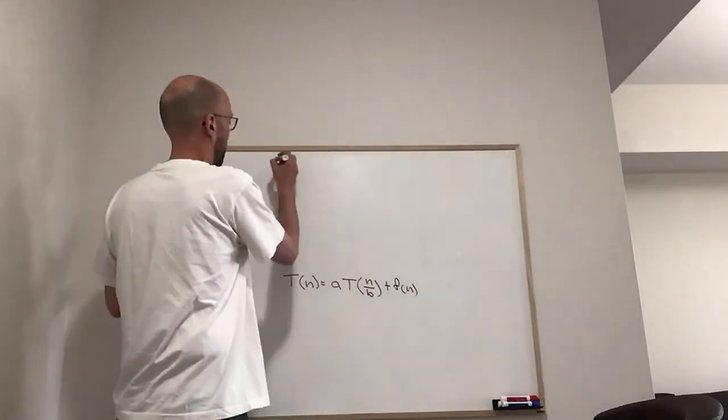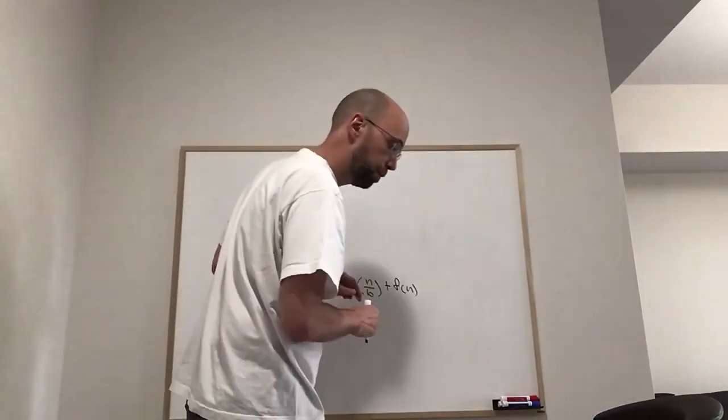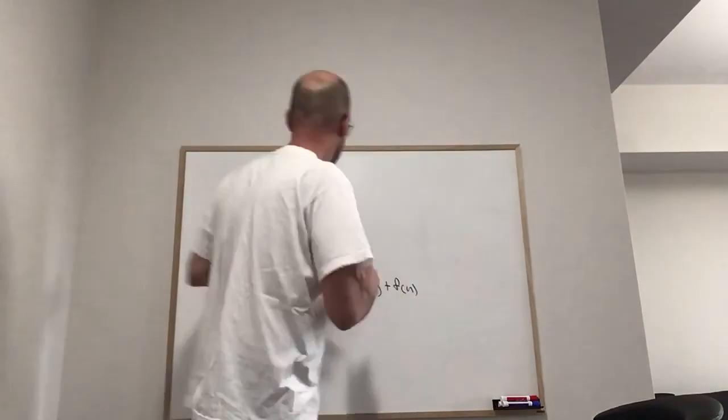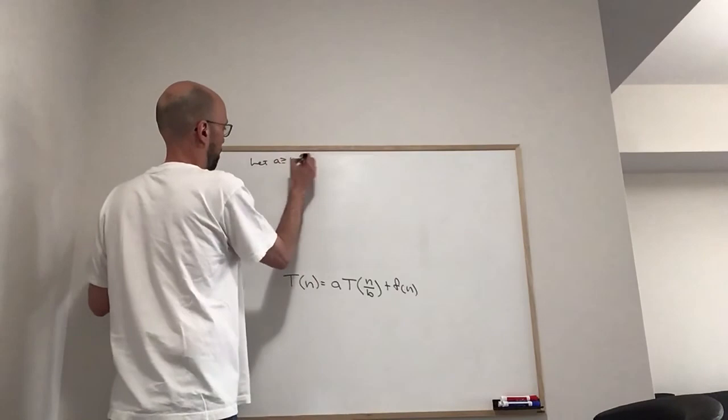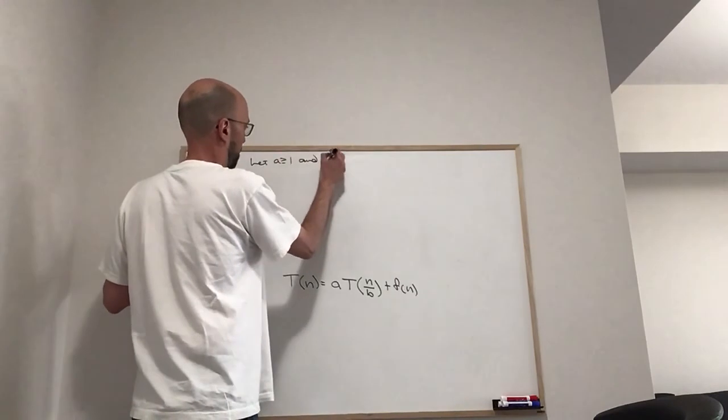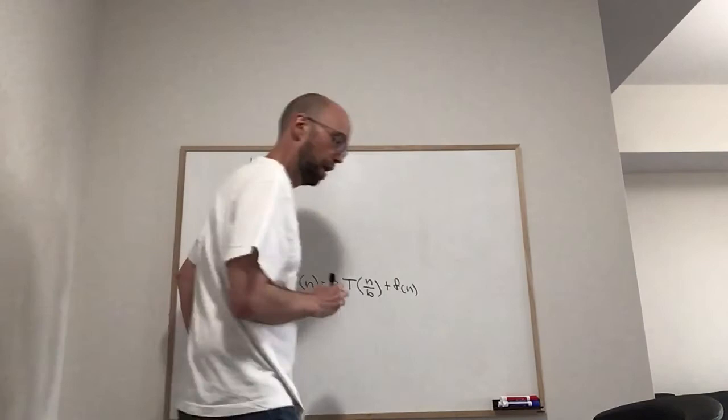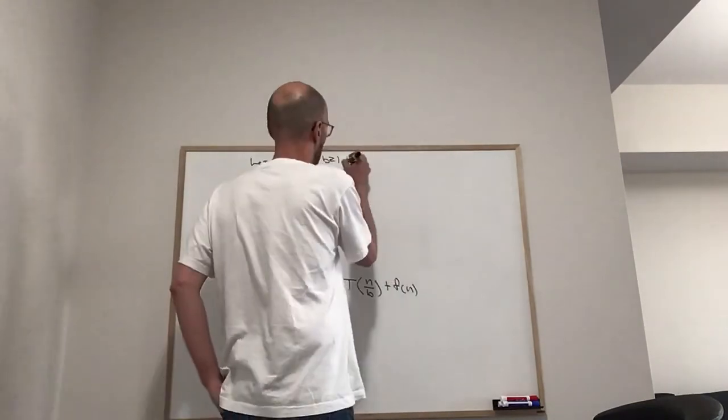So again, I'll copy this. Suppose you have a recurrence. Let a greater than or equal to 1 and b greater than or equal to 1 be constants.